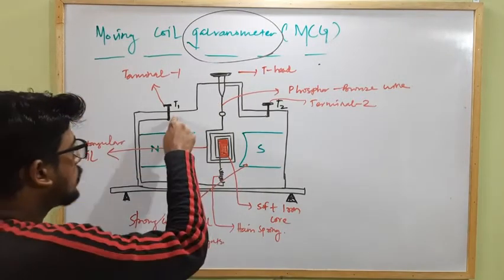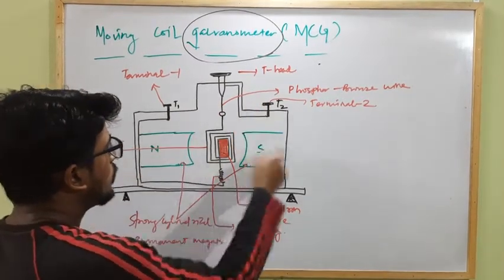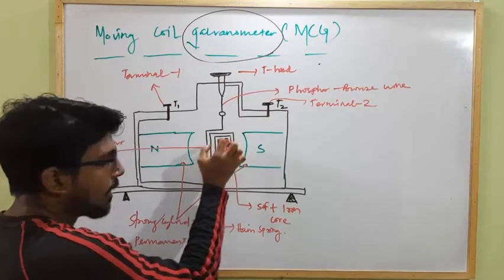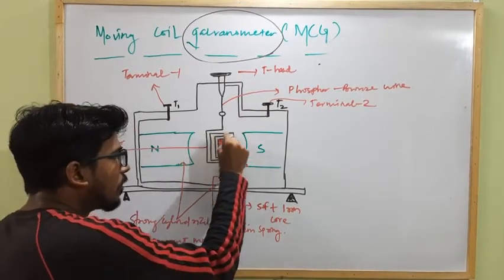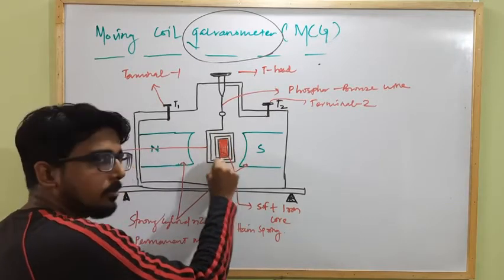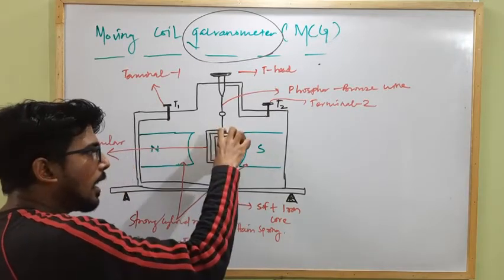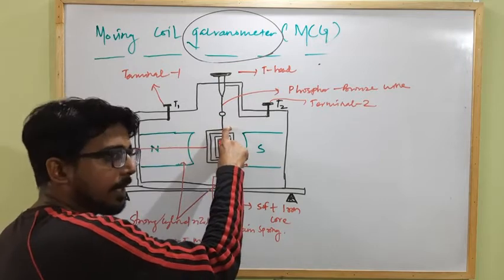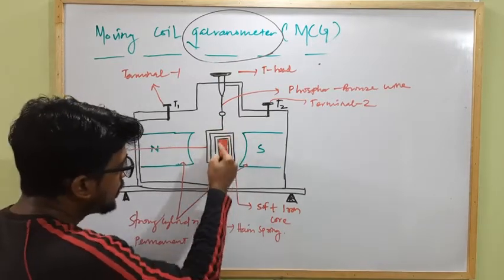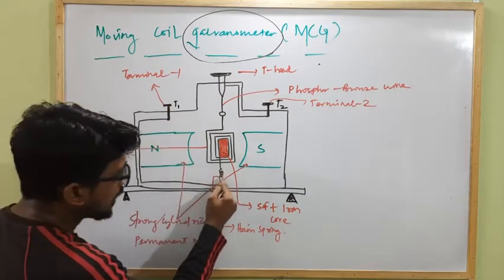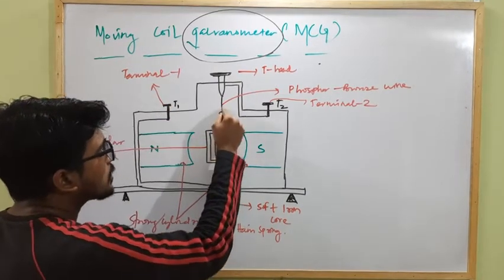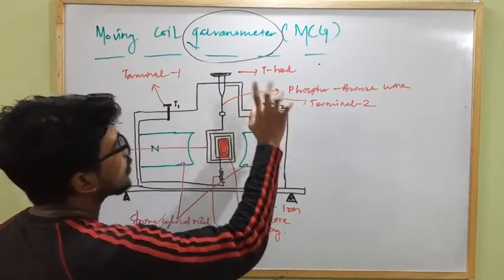These are two terminals T1 and T2. This is a soft cylindrical iron core on which a rectangular coil of a large number of turns is wrapped through a frame. One end of this coil is connected to terminal 1 through a hairspring, and the other end is connected to terminal 2.